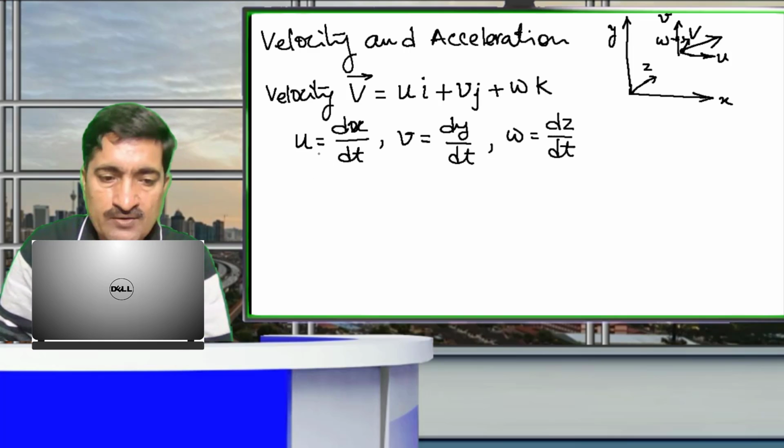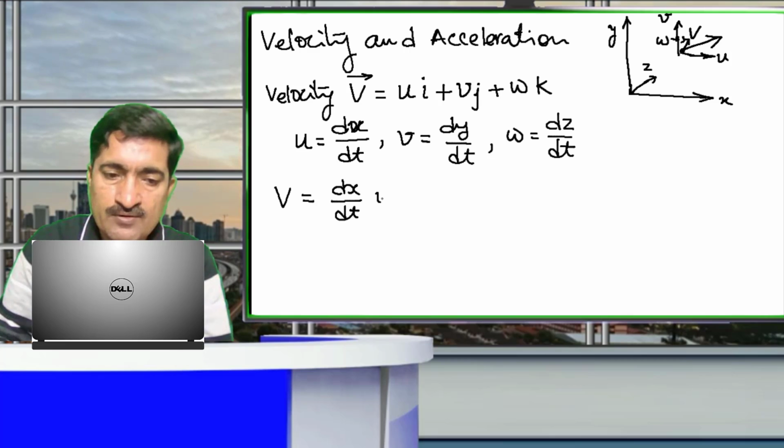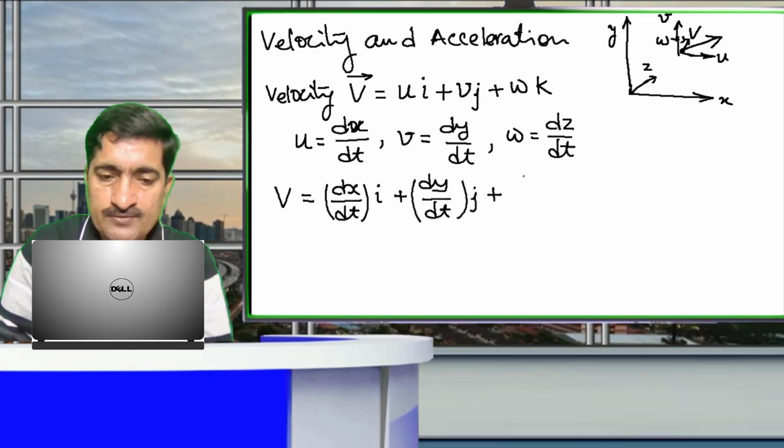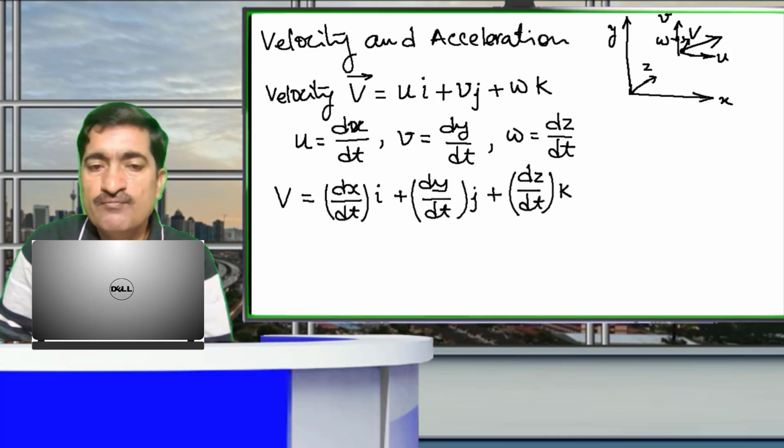Or we can write v equal to dx by dt i plus dy by dt j plus dz by dt k. This is the velocity of the fluid particle.